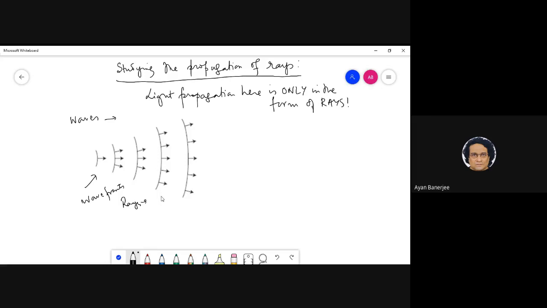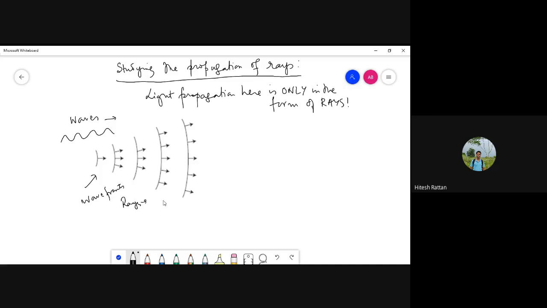If I think of a wave as something like that, then it's difficult to associate a ray with this. But if I have a packet of waves, or groups of waves where I can define a wavefront, then a ray is something which is normal to a wavefront at different points, the direction of K itself.